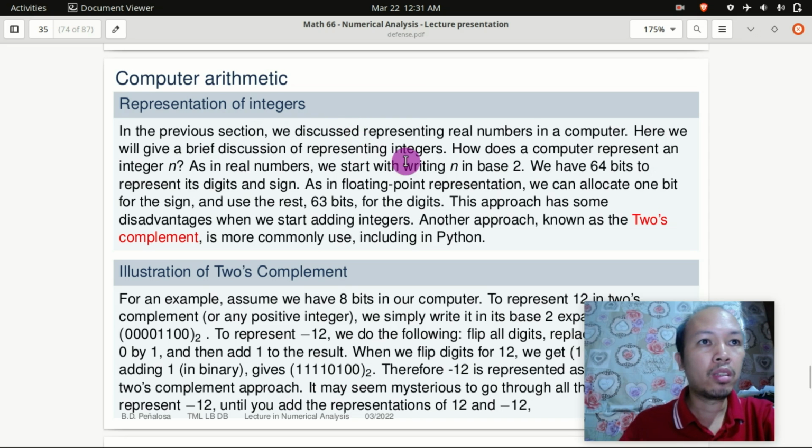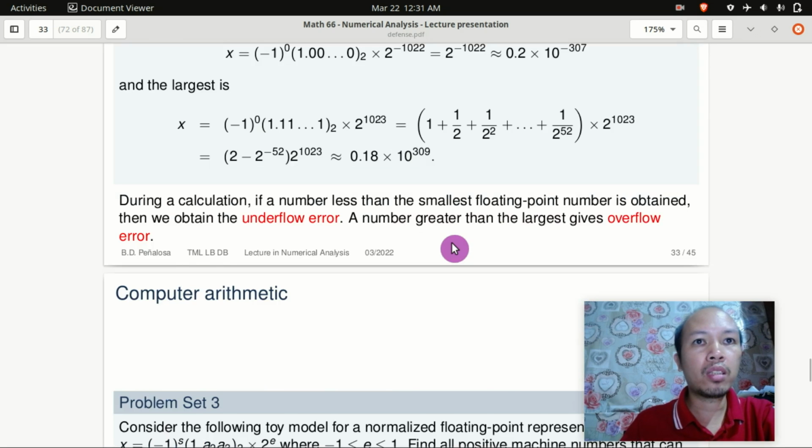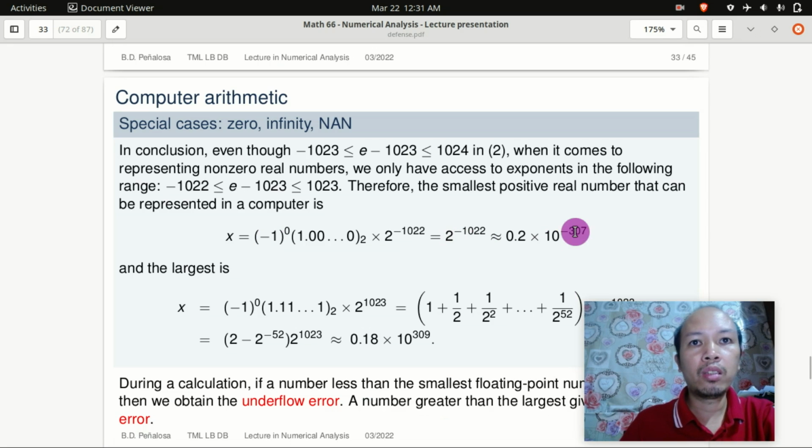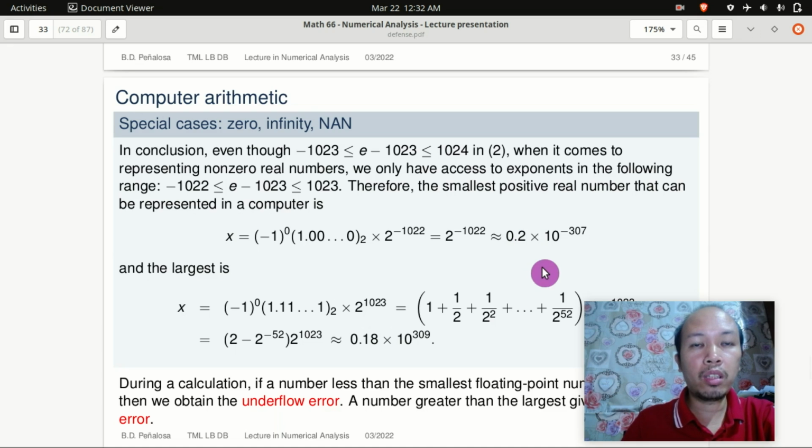But I recall that I made a mistake somewhere here. This mistake is very much needed in discussing the difference between the 32-bit and the 64-bit floating point representation of a given number.